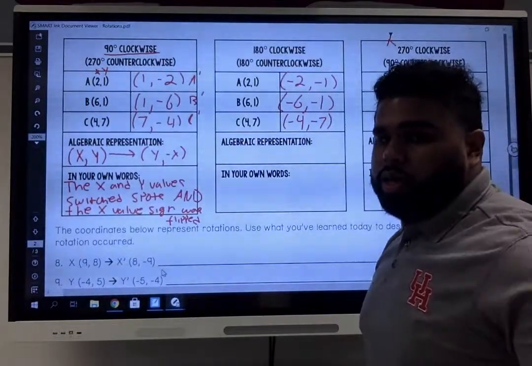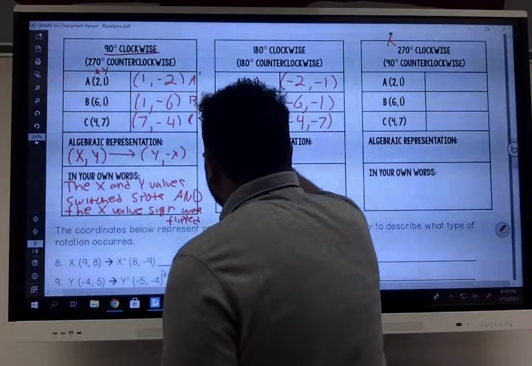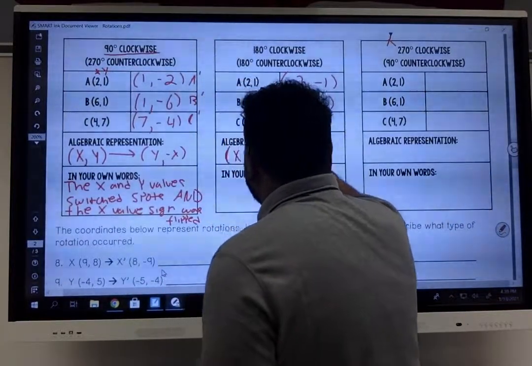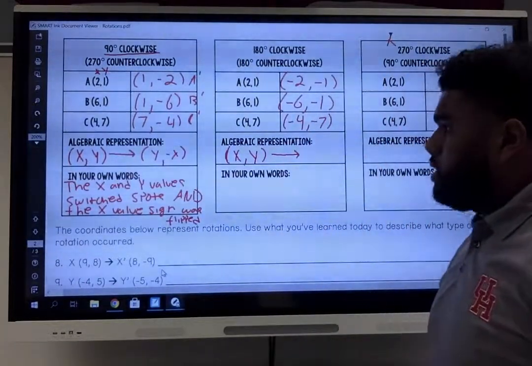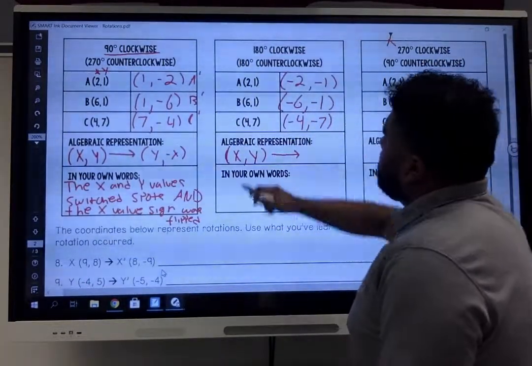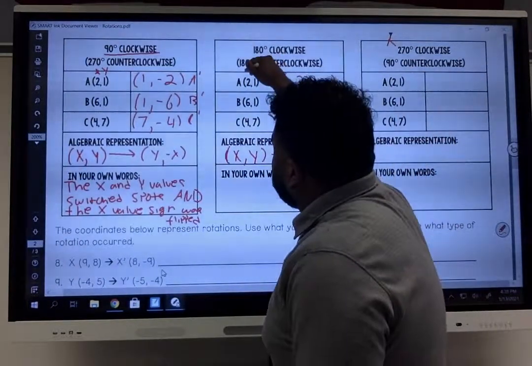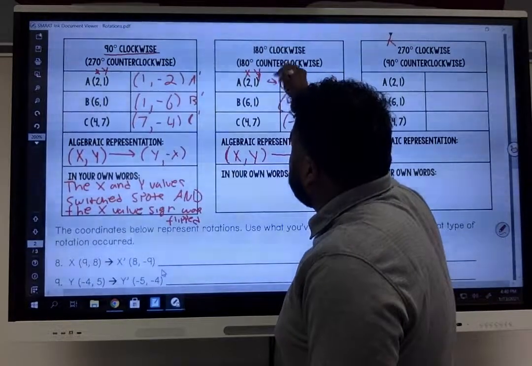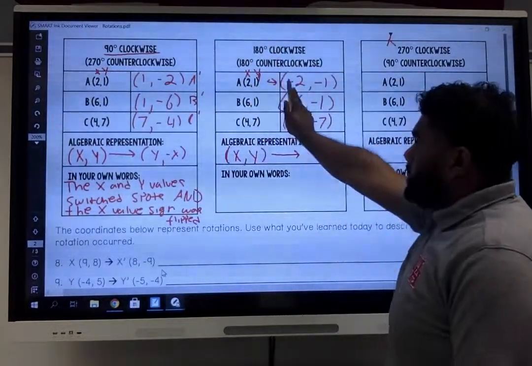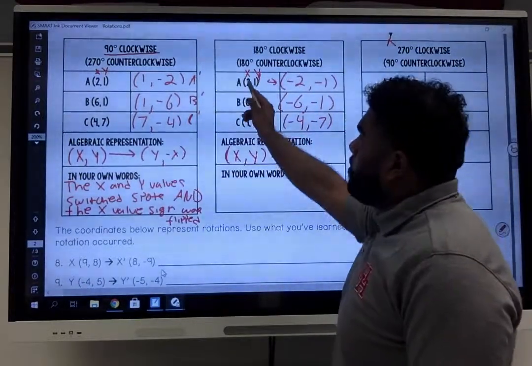Alright. So what's the algebraic representation for this? Again, we always start out as x and y, and then we draw that arrow, okay? That tells me that something's transforming and a transformation is happening. Okay, so let's see. We had a positive 2 and a positive 1. Well, the x value, when the transformation happens, that x value stays in the x value spot, but it changed signs, right? It changed from a positive to a negative.